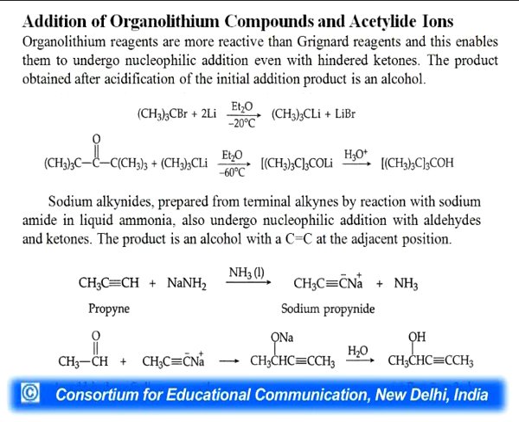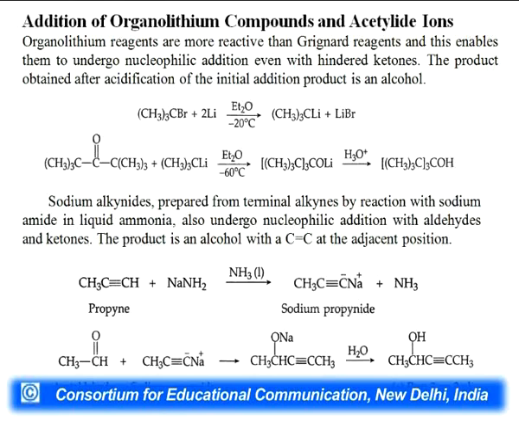Addition of the organolithium compound and acetylide ions. Organolithium reagents are more reactive than Grignard reagents, and this enables them to undergo nucleophilic addition even with hindered ketones that could not happen with the Grignard reagent.